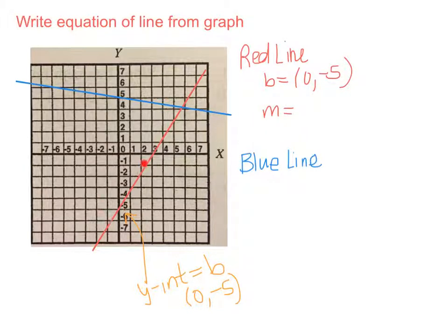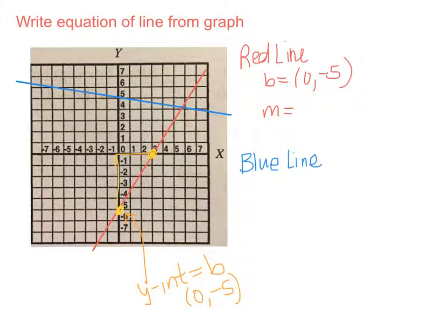Now when I look at this line, I automatically see that it's increasing. That means the slope is positive. So I'm going to need to pick out some good points. I'm going to go ahead and pick my y-intercept point, and I'm going to choose the x-intercept as my other point. So the question is, how much did I rise and how much did I run?